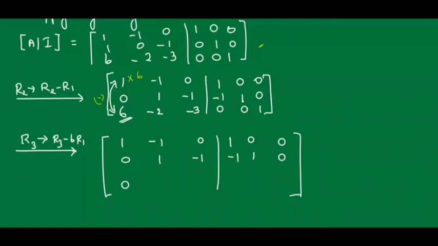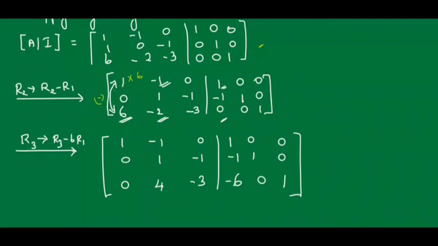The next element becomes minus 2, minus of minus 6 into 1, so gives me 4 here. The next element is minus 3, 0 minus 6 into 1 gives us minus 6 here. Next element is 0, next element is 1.